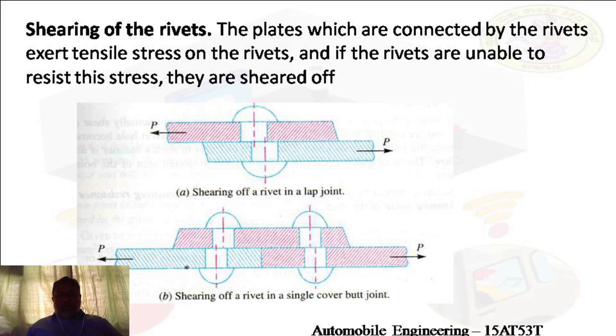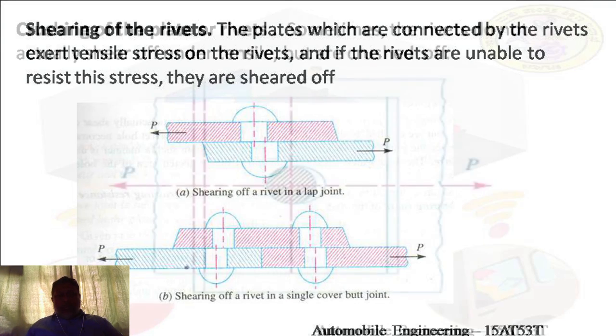If one more cover comes beneath this, then we say it is double shear, meaning the shear occurs on both sides of the riveted joint. Coming to this picture, we can see that the rivets have been totally broken down due to the shear strength.